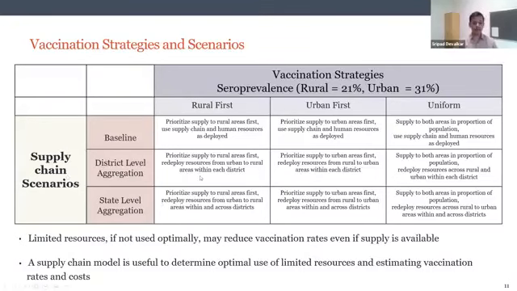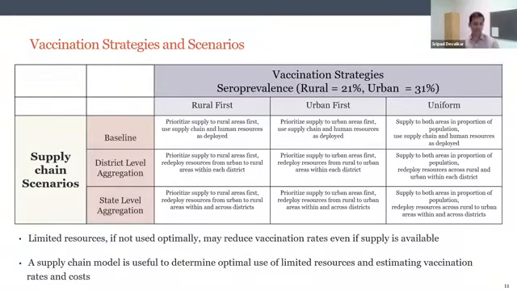Alternately, because you want to prioritize rural areas, you could move some of these resources from urban areas to rural areas, and therefore increase the capacity in rural areas. That would allow you to use all of the supply that's available, finish vaccinating the rural areas faster, and then move on to vaccinating urban regions. Now, you could take that one step further and say, why restrict it within a district?